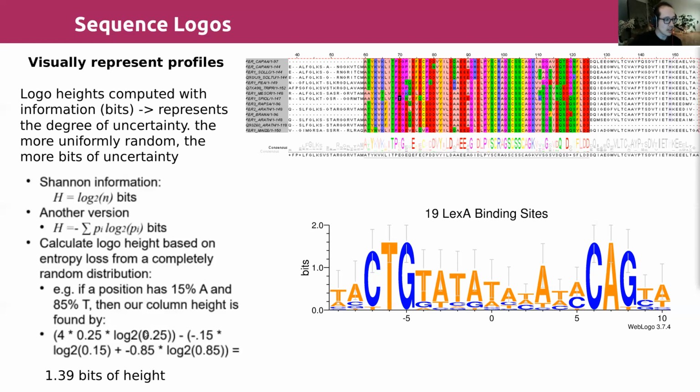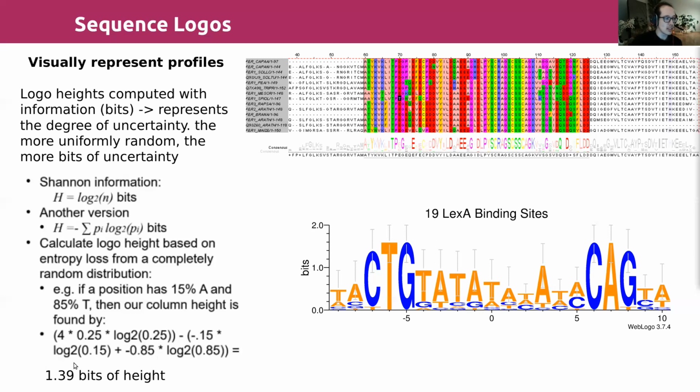So you calculate it first with the uniform calculation in mind, filling in this equation, P log P, for the uniform case: 25% log base 2 of 25%, times 4 for each base, minus our observed information, so the 15% log base 2 of 15% and the 85% log base 2 of 85%.